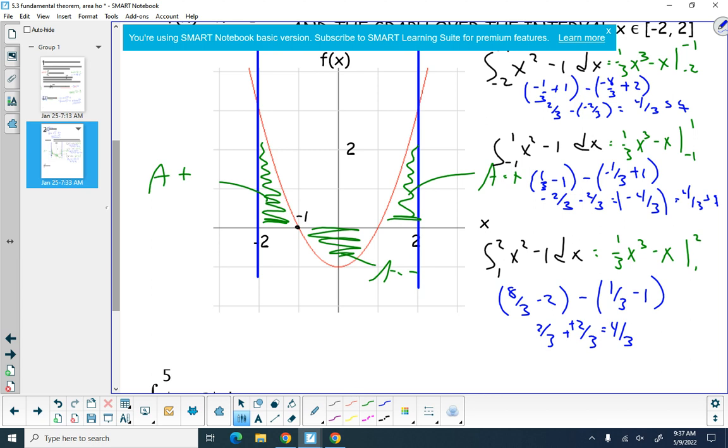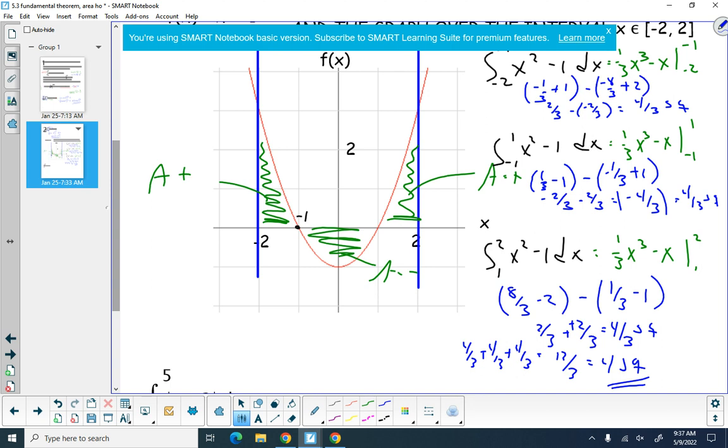So we have 4/3 squares with each one of these. So my total area is 4/3 plus 4/3 plus 4/3. So we have a total of 12/3, which is 4 squares.